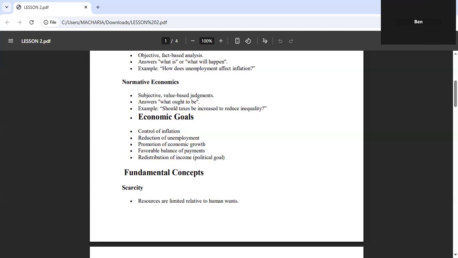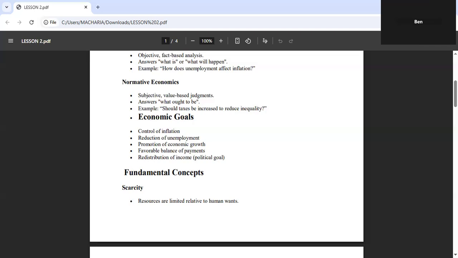Consequently, a country is able to be productive, such that the raw materials or the products are able to get buyers. We also have promotion of economic growth. That means one of the economic goals is to ensure that a country or an individual is economically empowered.